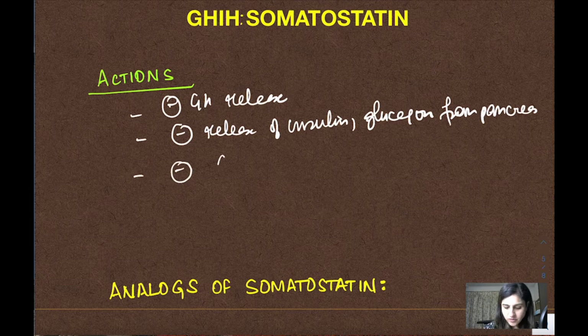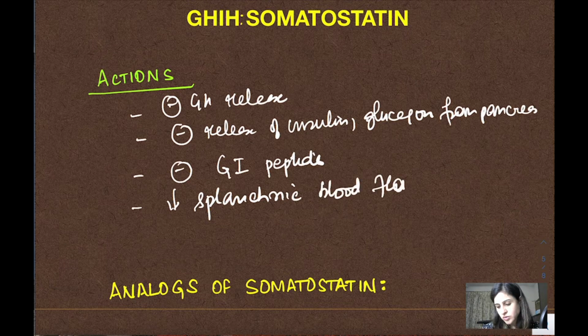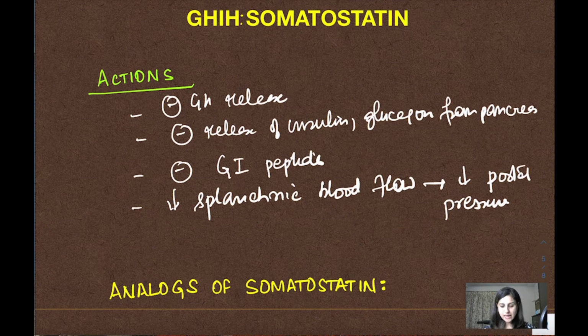It inhibits the various GI peptides, and they are vasoconstrictors, so they also decrease the splanchnic blood flow, and because they do that, they will decrease the portal pressure. Right? These are the various actions.